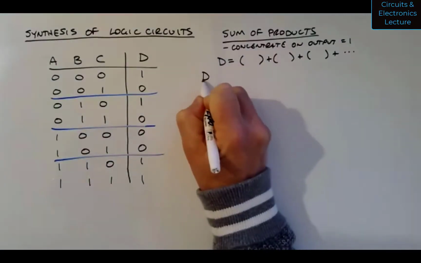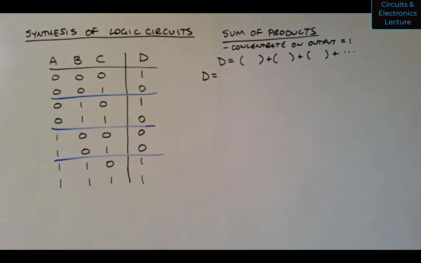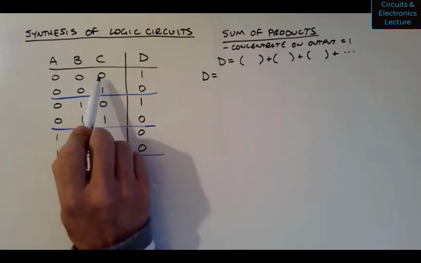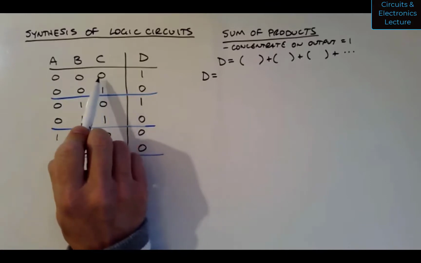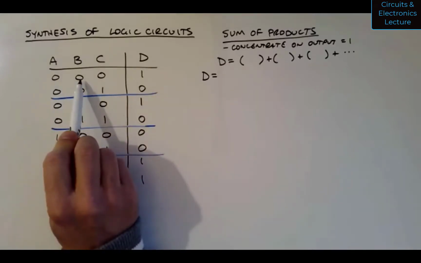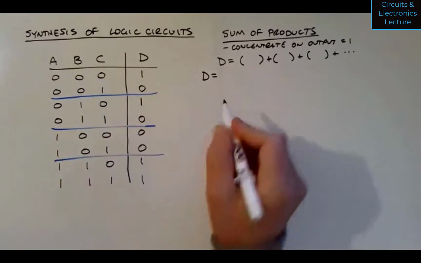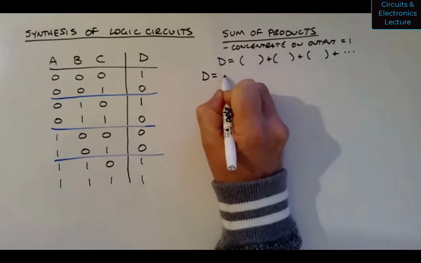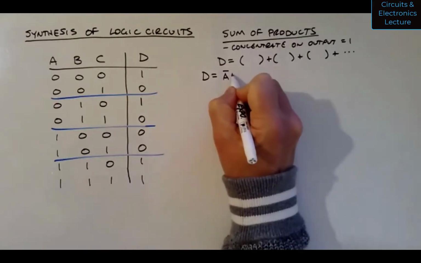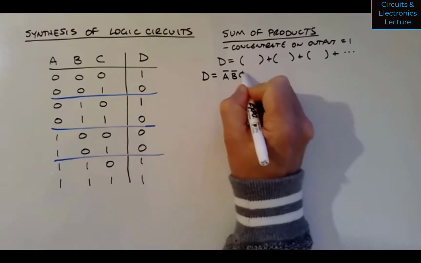Let me move over here a little bit. D equals, okay, my first term. I want a product term that makes a 1 happen for the inputs A equals 0, B equals 0, C equals 0. I can do that by doing this. I can multiply A inverse by B inverse by C inverse, right?